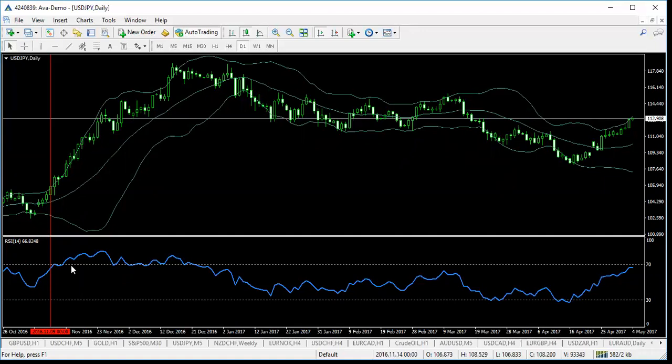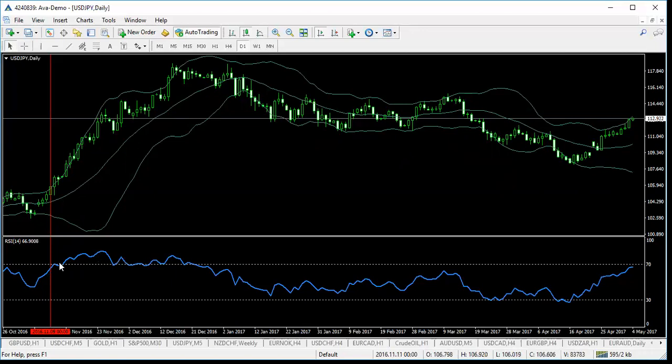Now the RSI, Relative Strength Index, basically measures the strength of the trend. And how it's commonly used is that when price hits the 70 level, people tend to say that an asset is overbought, and when it hits the 30, that it's oversold.